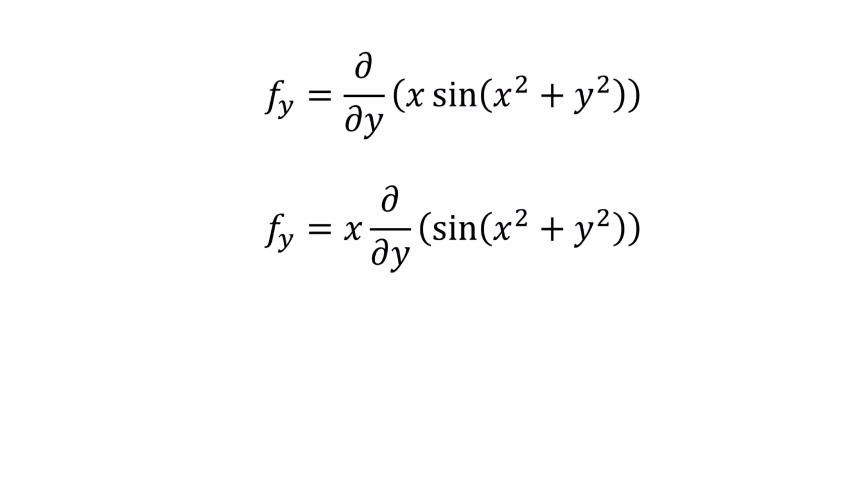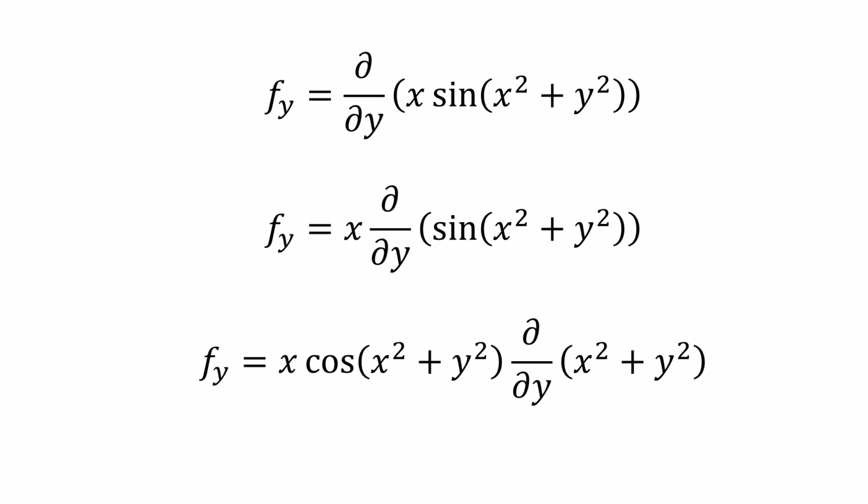Applying the chain rule, we get f sub y equals x cosine of x squared plus y squared times d by dy of x squared plus y squared.